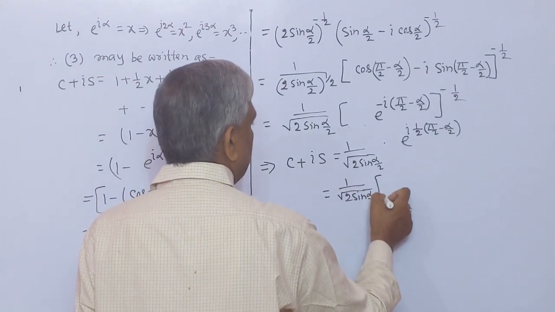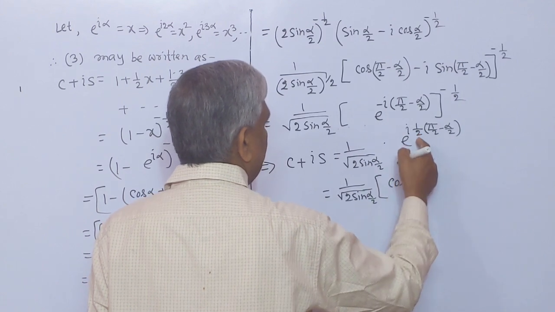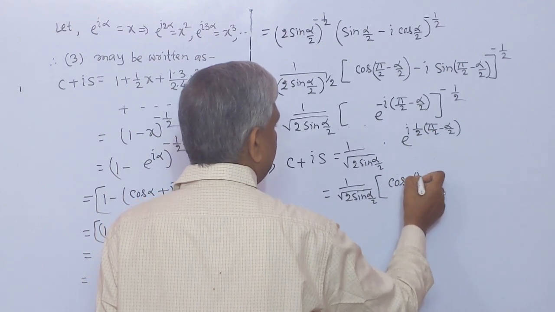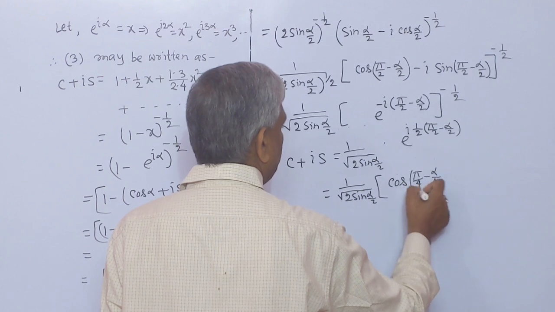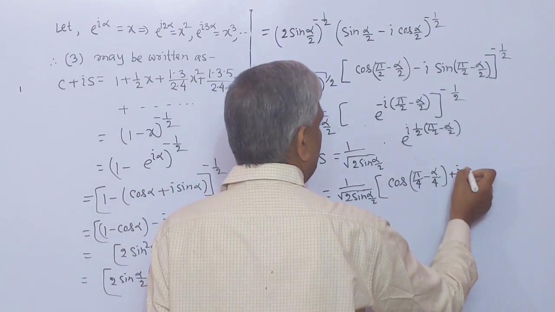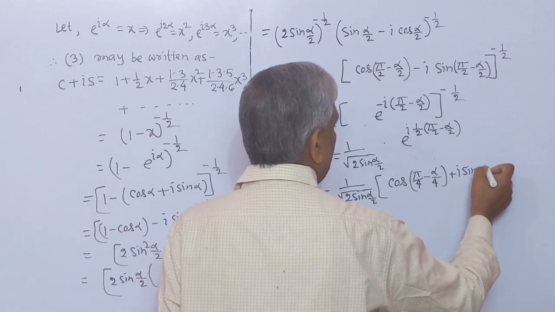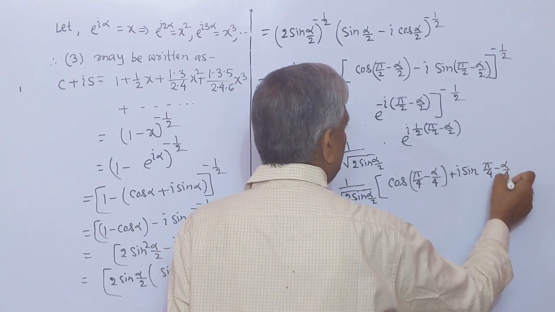This is cos half multiply this pi by 4 minus alpha by 4 plus i sin pi by 4 minus alpha by 4.